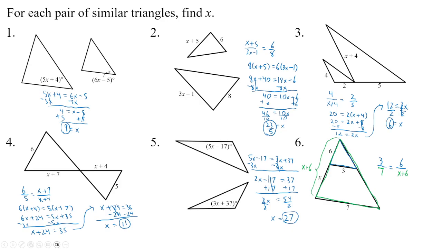So now we're going to cross multiply. This is 3 times x plus 6 equal 7 times 6 is 42. We're going to apply this distributive property, so we have 3x plus 18 equal 42.